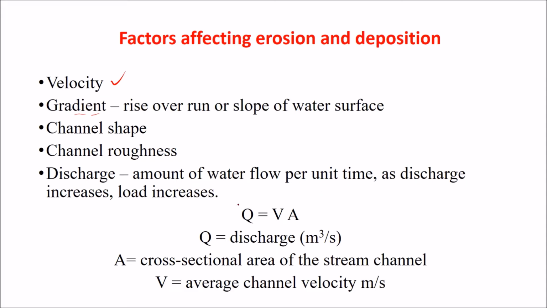Discharge normally we use the symbol Q, the letter Q. Q, the mean discharge, is equal to the velocity of water, and normally we use the average velocity of the channel flow, multiplied by A. The A value is the cross-sectional area of the stream channel.